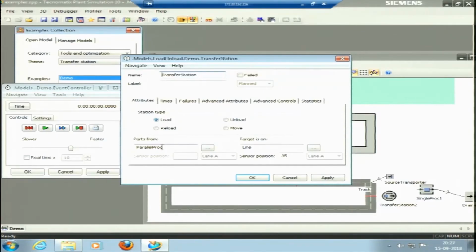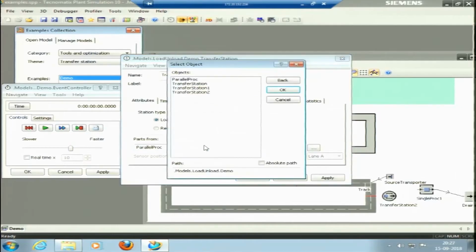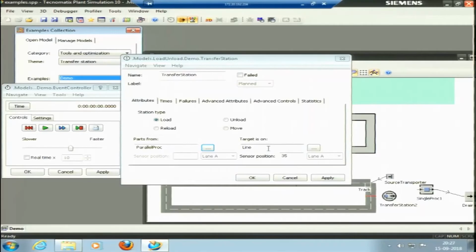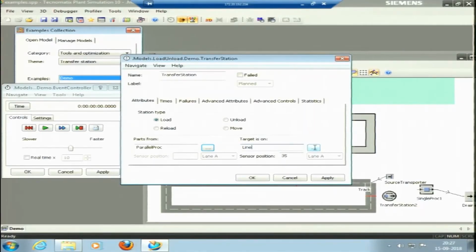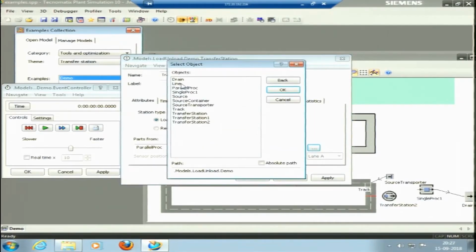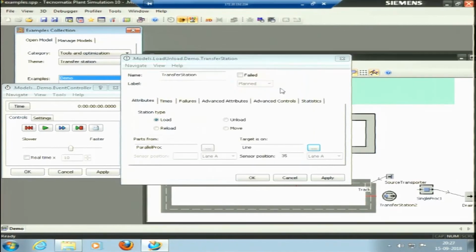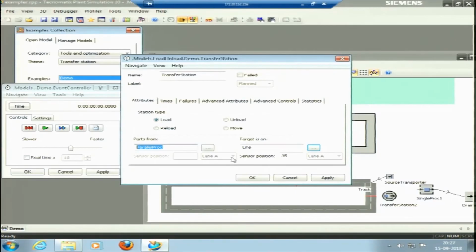It is connected, connect paths from the parallel process. We just need to put the name of the process from which it will pick the part from the parallel process. Then it will transfer the parts to the line. So there is no connector required in between. We need to just mention the predecessor and the successor processes here.